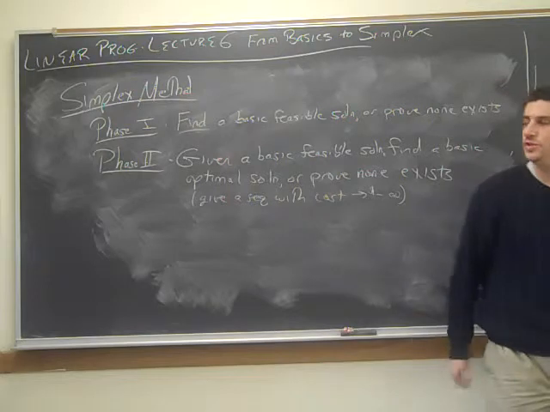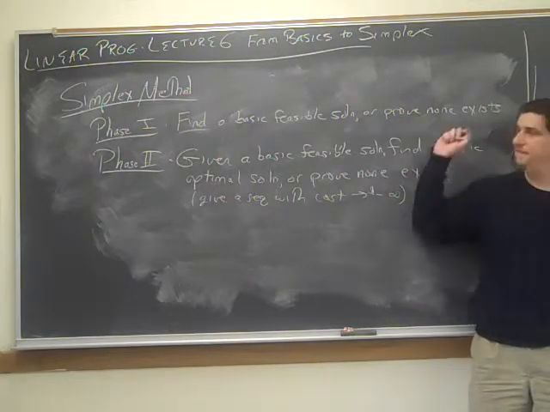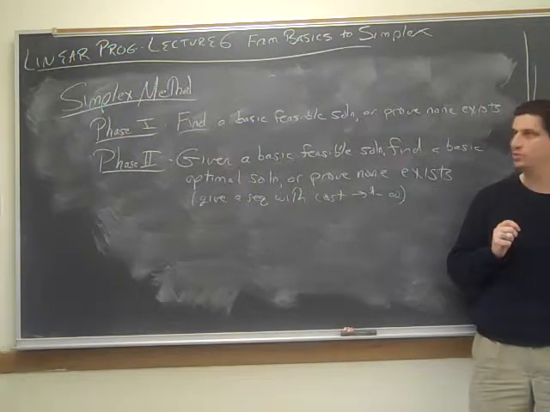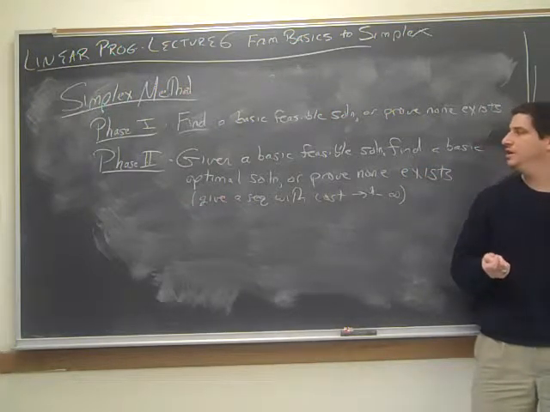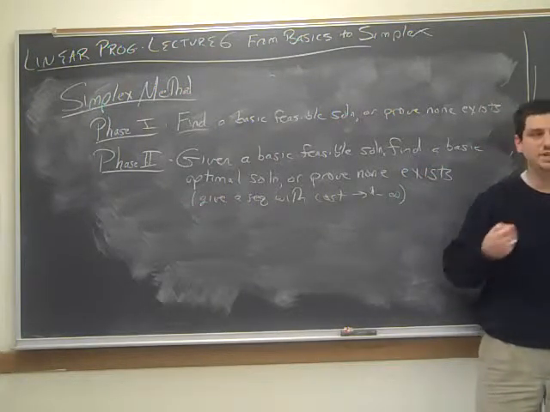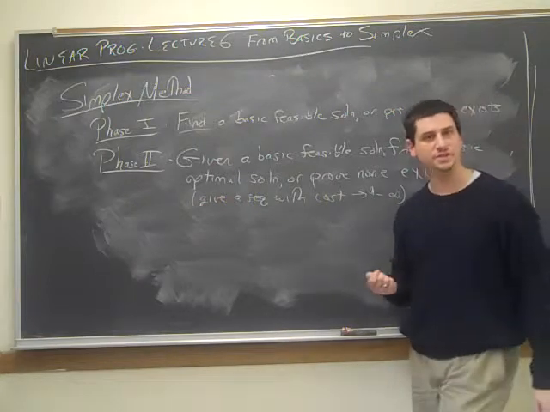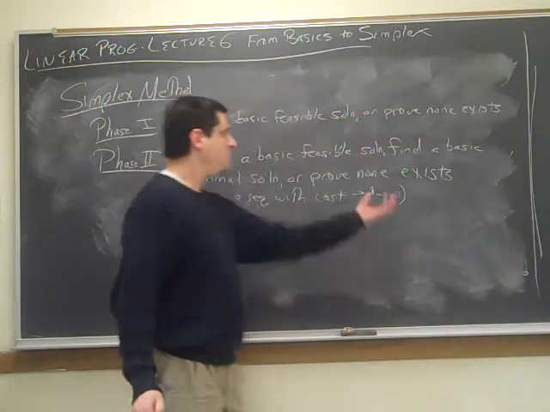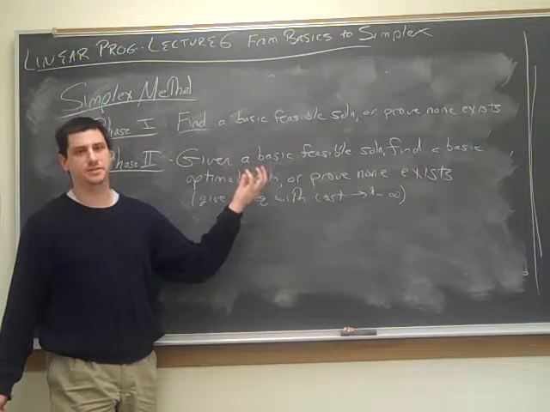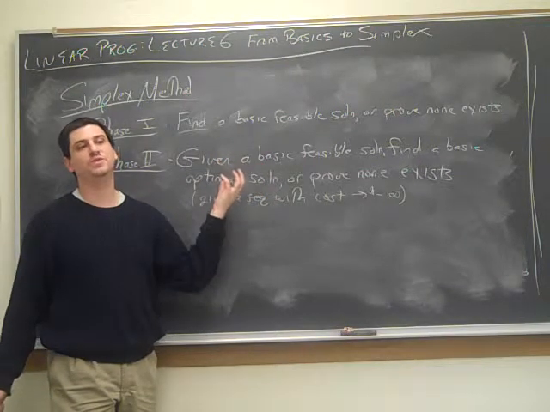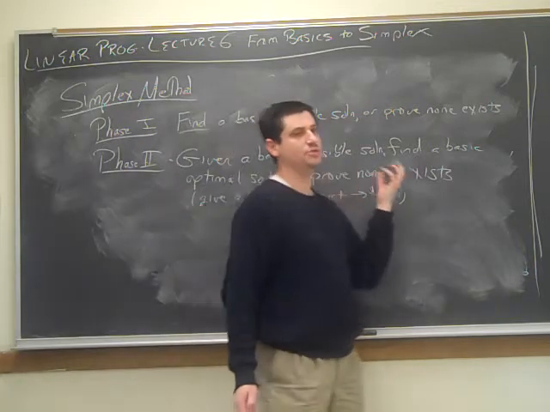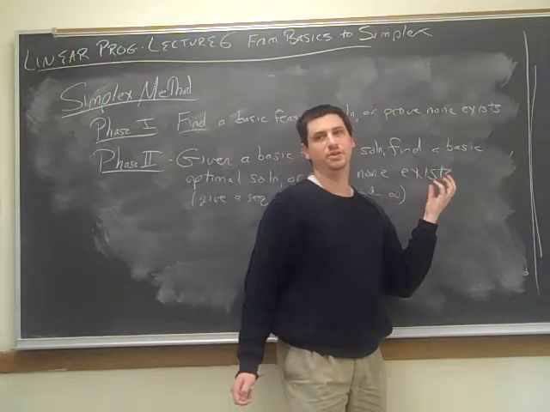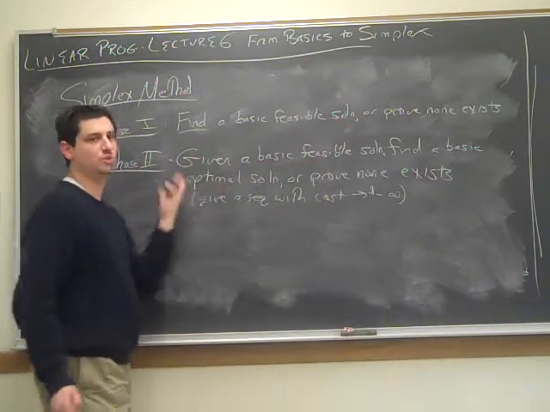Okay? So this is the simplex method. There's two phases. Phase 1 is we find a basic feasible solution or prove none exists. Phase 2 is given a basic feasible solution, we find a basic optimal solution or prove none exists. And we have to expect something like this because we know it's possible that there is no basic optimal solution. We know it's possible that there is no optimal solution to the linear programming problem. So we can't always expect a solution to come out.